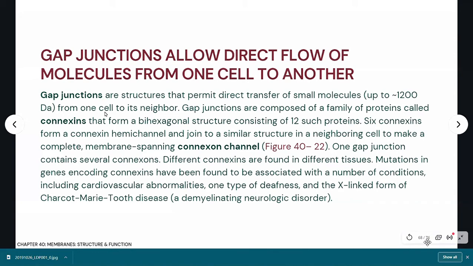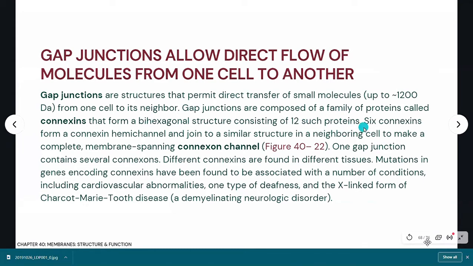And this gap junction is formed by connexins, forming a bihexagonal structure. Bi meaning two hexagonal structures. So there are 12 structures, and those structures are proteins.